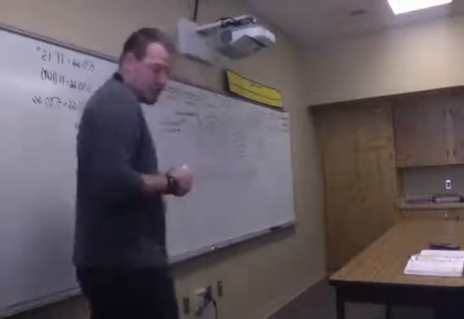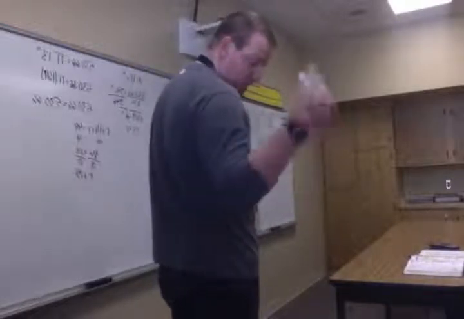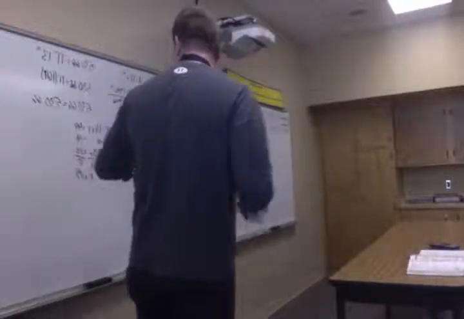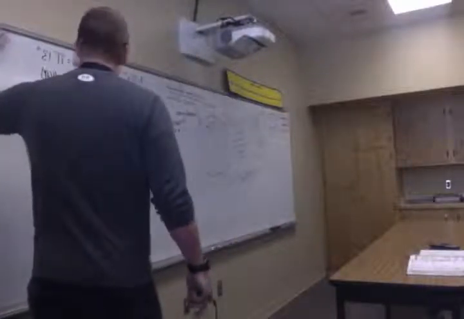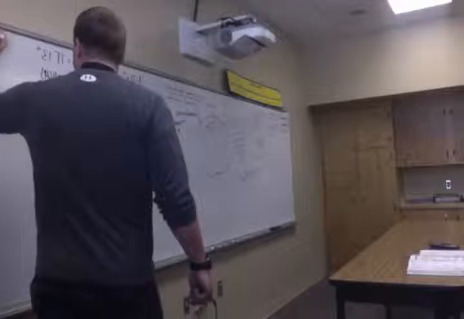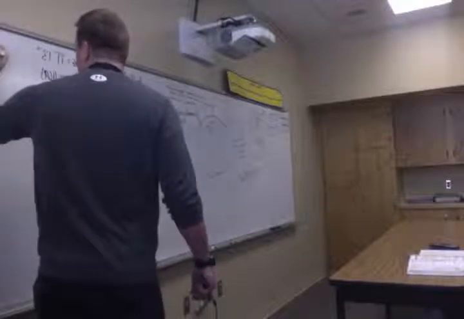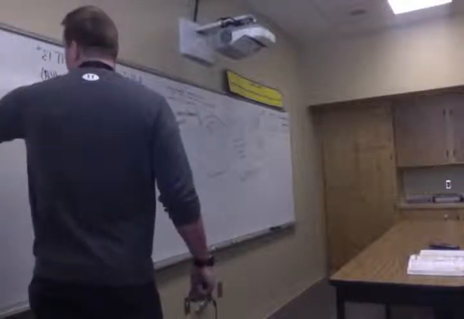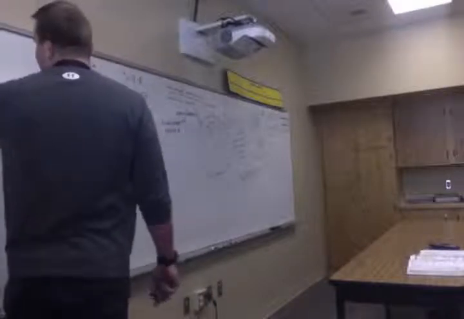Now I know my r. What's my equation that I'm going to use? Area equals pi r squared. Okay, so area equals pi. Now we'll substitute what's our r? 15. 15 squared. All right.